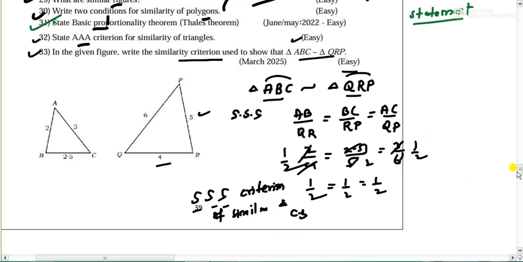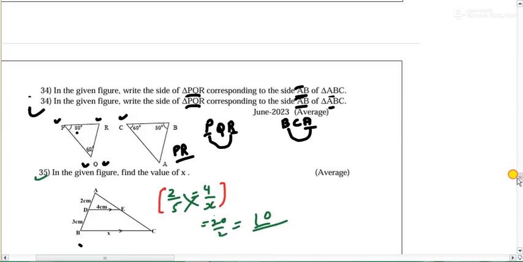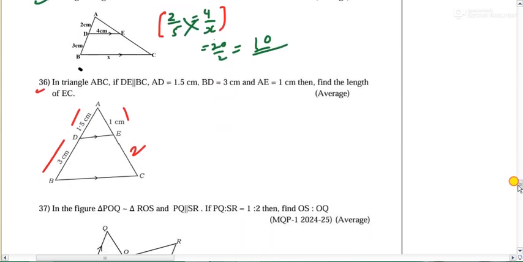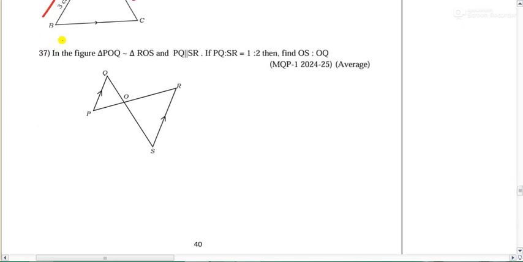Yes, good. So next, coming to 34, done. 34 we have already done. 35, 36. Yeah, 37. Can you tell me the answer? Two triangles are similar, so you can write directly.